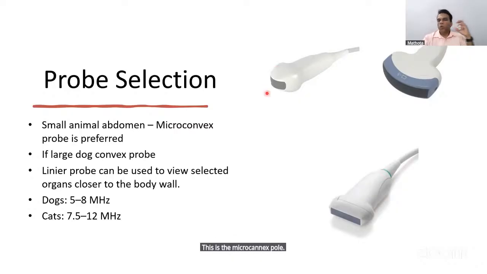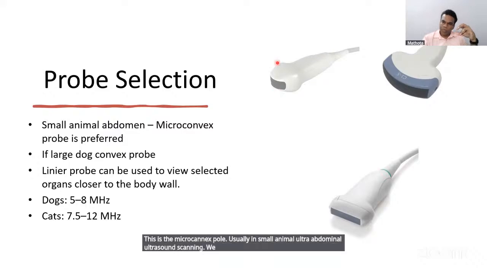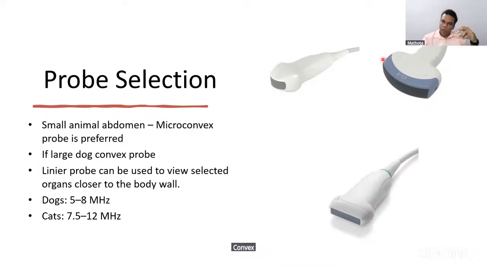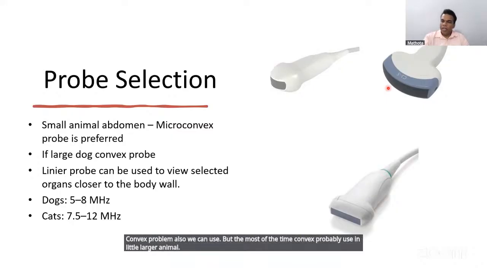Usually in small animal abdominal ultrasound scanning, we use this probe. A convex probe can also be used, but most of the time we use it in larger animals. If you have a Great Dane or big Labrador, Rottweiler, dogs like those, we can use the convex probe. Otherwise, the microconvex probe is better.